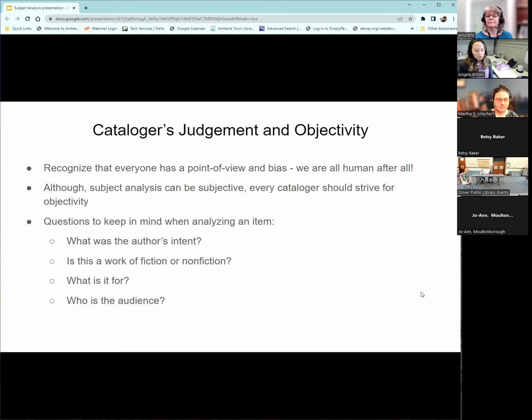Library of Congress is really a North American vocabulary, so a lot of the subject headings are going to be focused on a North American perspective. And that's where alternative vocabularies can come in really handy, because they get to the true nature of what a work might be about.